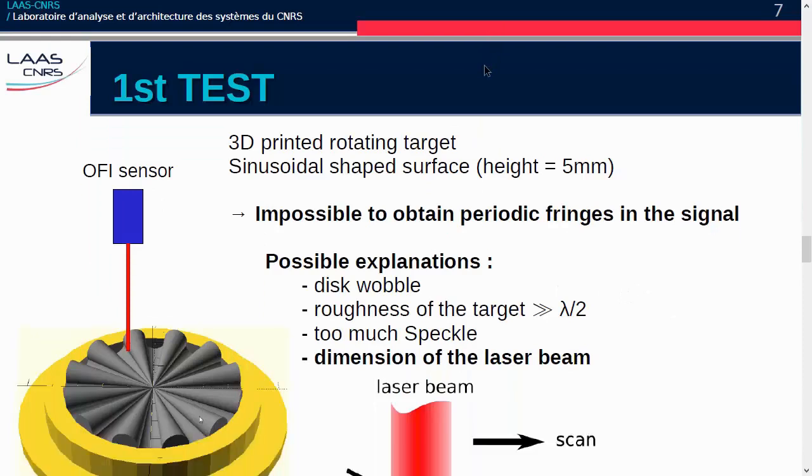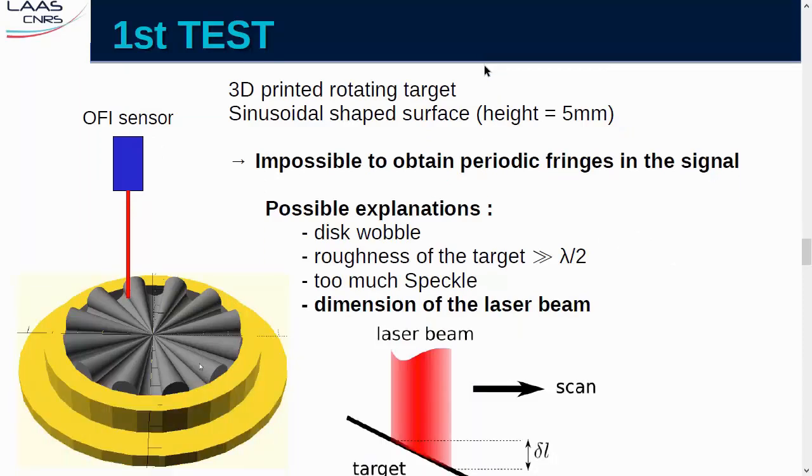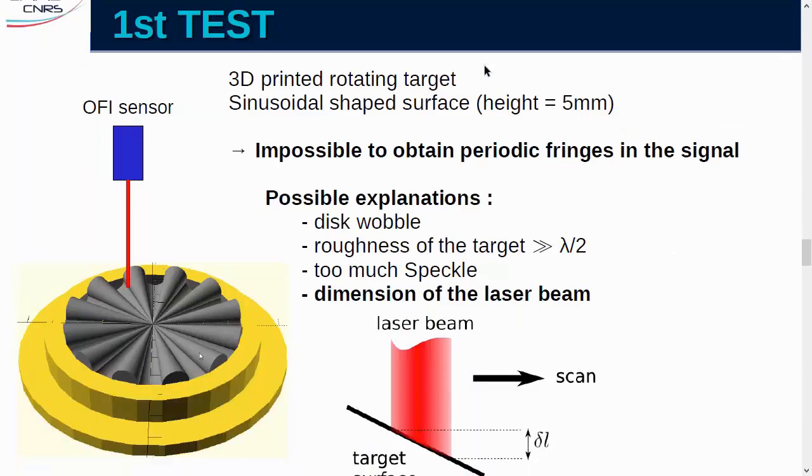Okay, so what we have done to test that is build a target that has a sinus shape. We did that with a 3D printed system, making a sinusoidal shaped surface with a 5 mm height. The result was that it was completely impossible to obtain any interferometric signal, meaning no periodic fringes using this target.